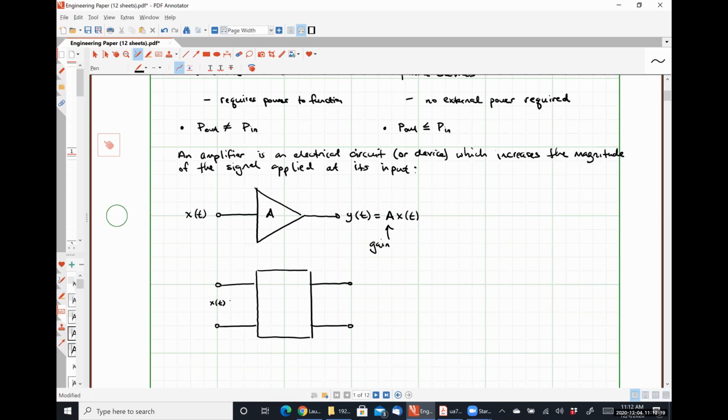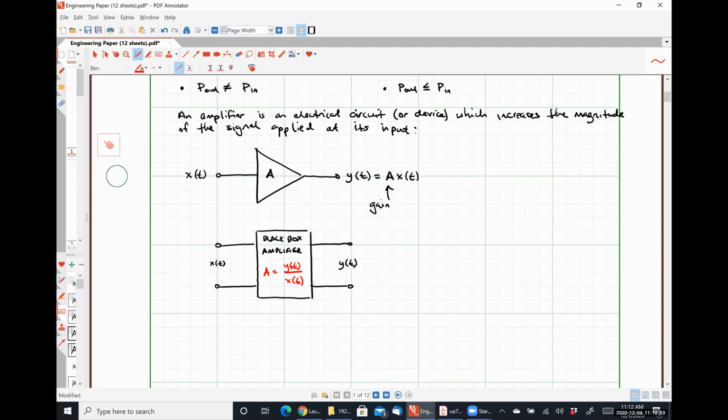Again, this could be representative of voltage, current, or power, and an output signal y of t. This is our black box amplifier. And our gain is simply the ratio of the output signal to the input signal. And that's going to let us classify a few different types of amplifiers.